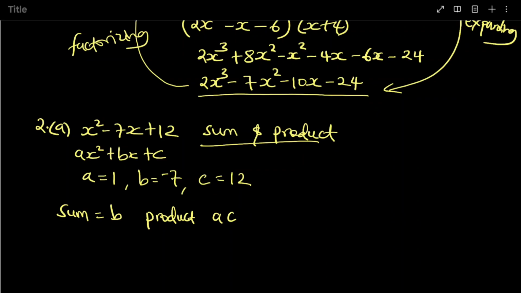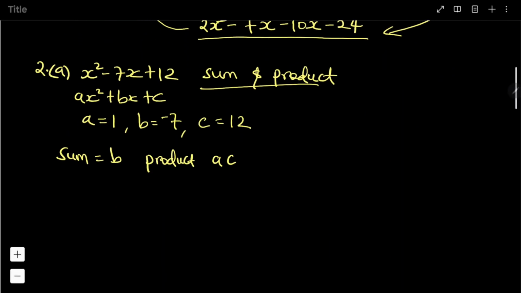Basically, from what we've done here, our sum is the coefficient of x, which is negative 7, and our product is ac, which is 1 times 12, which is 12.